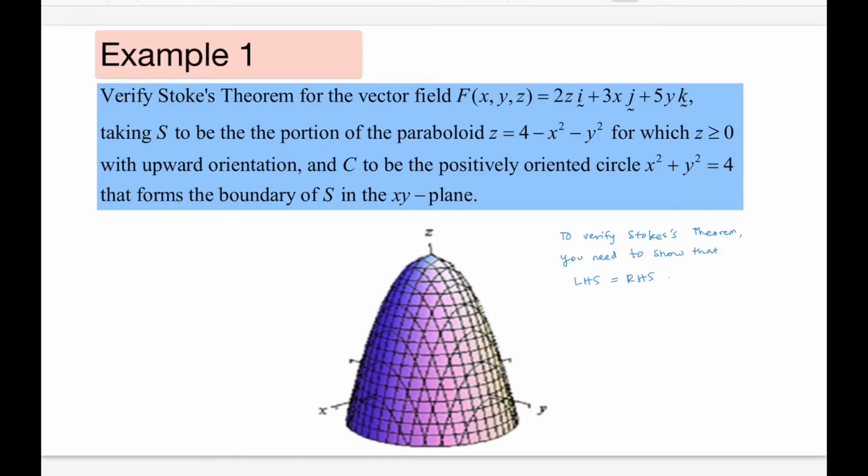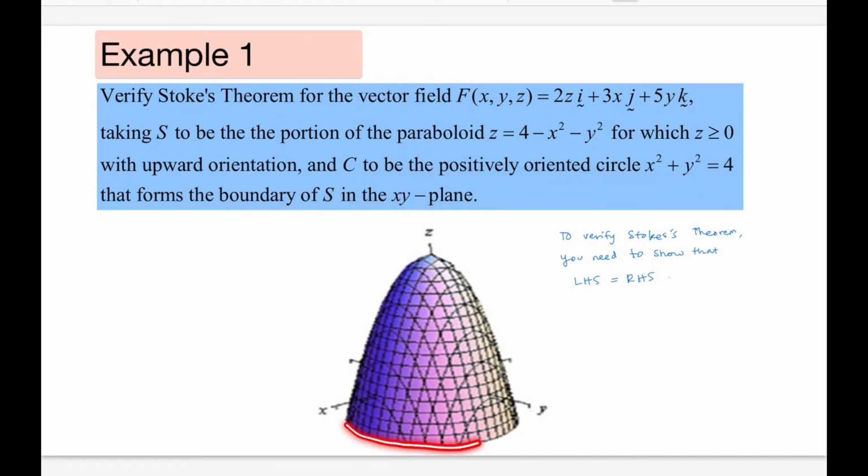Example 1: verify Stokes theorem for the vector field F equals 2z i plus 3x j plus 5y k, taking S to be the portion of the paraboloid z equals 4 minus x squared minus y squared, for which z is greater than or equal to 0 with upward orientation, and C to be the positively oriented circle that forms the boundary of S in the xy plane.